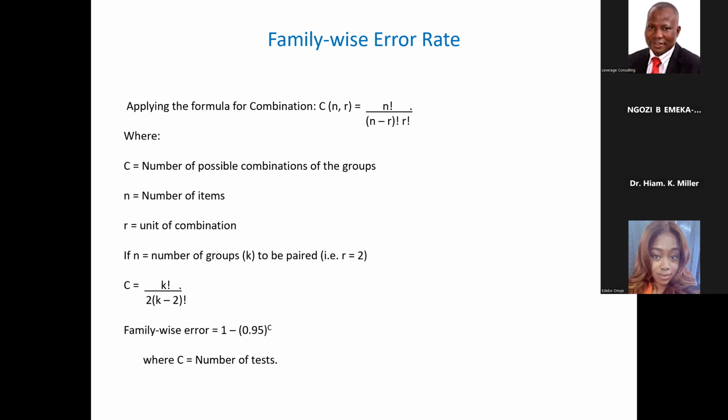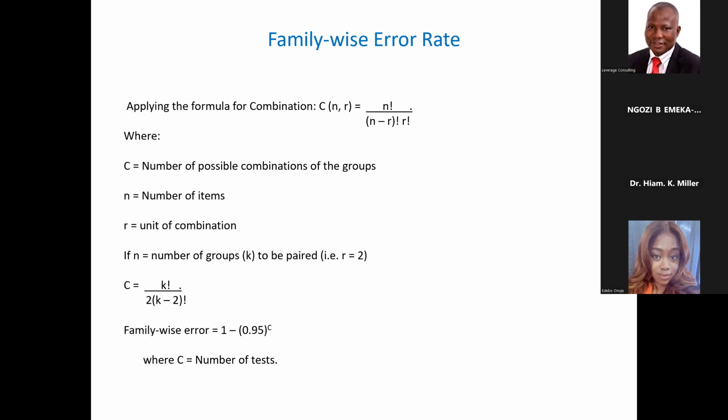So you see, if you have a number of items, maybe you have children A, B, C, and you want to compare them. N is the number of items. The unit of combination is the pair, that is, r will be 2.